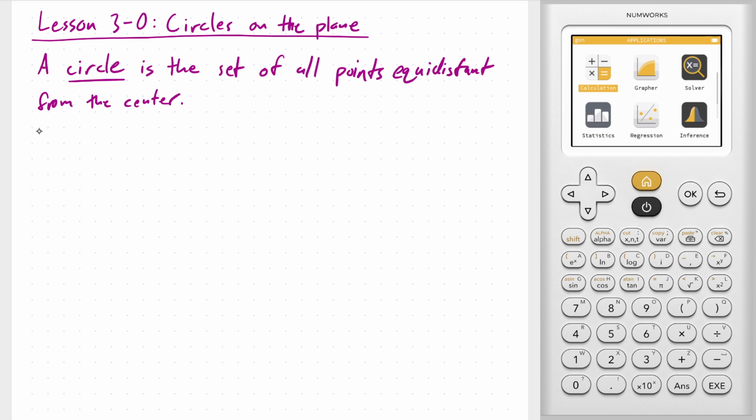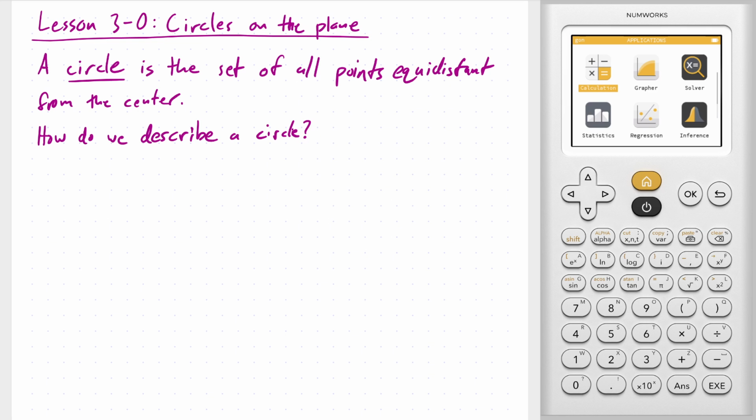So next question is, how do we describe a circle? Of course we already gave the definition, that's a way of describing it, but I'm thinking here algebraically and using the xy plane or the coordinate plane.